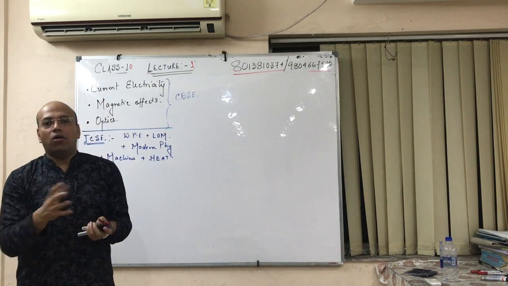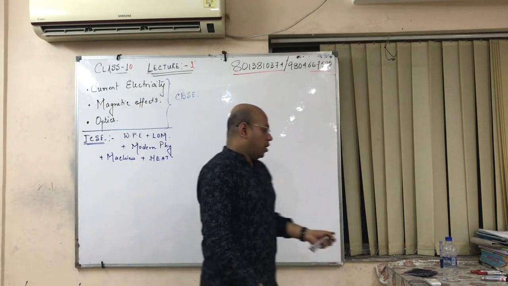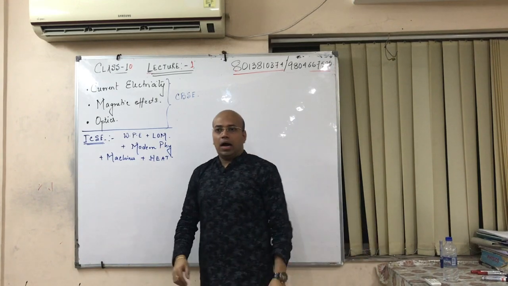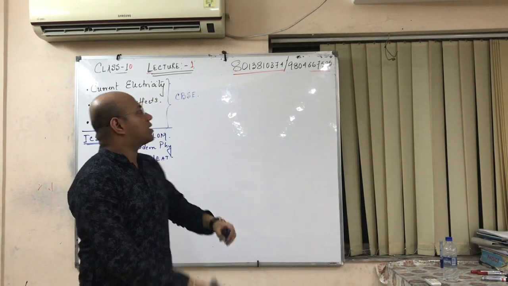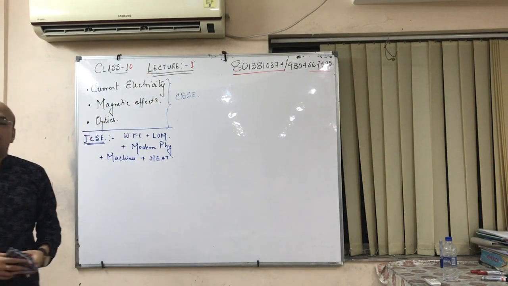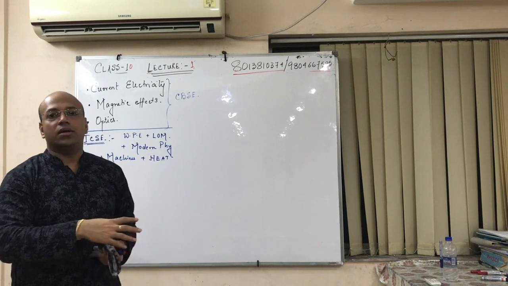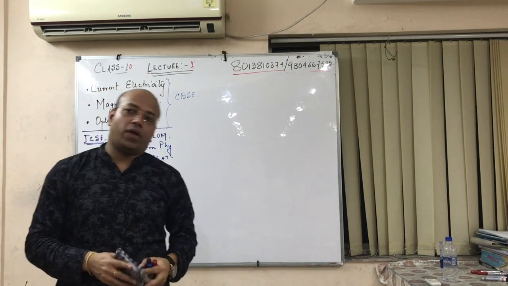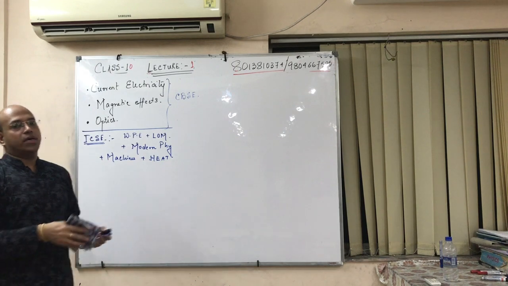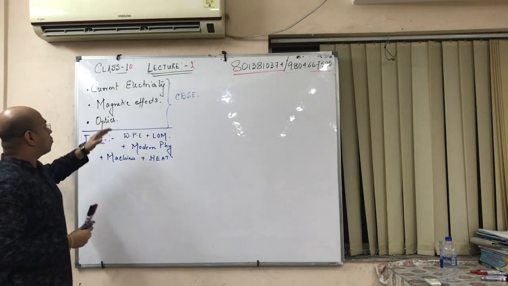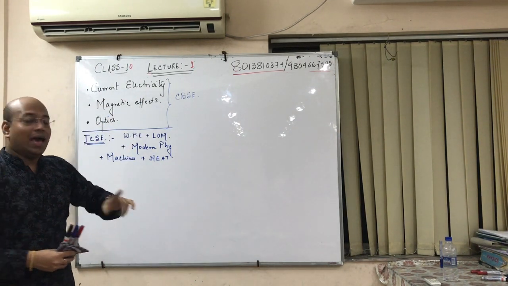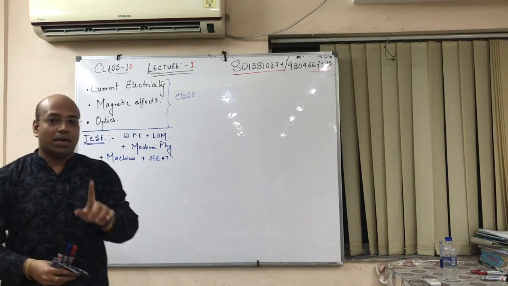Now, how should we plan our lectures? I can move parallelly with current electricity and optics, meaning I can record one class for current electricity and one class for optics. Why am I doing this? For the last 2 years I have done this, because many schools start off with current electricity and optics at the same time.